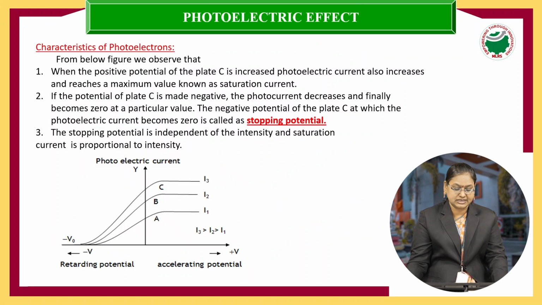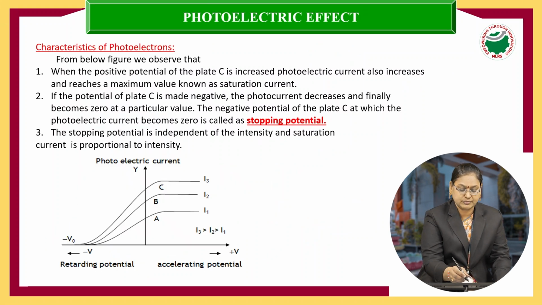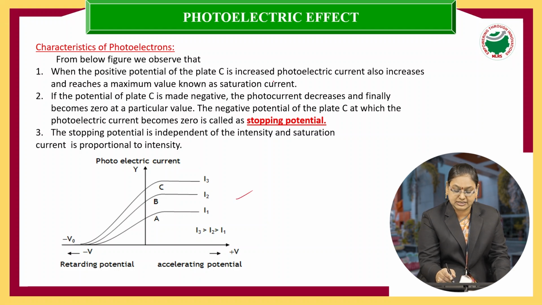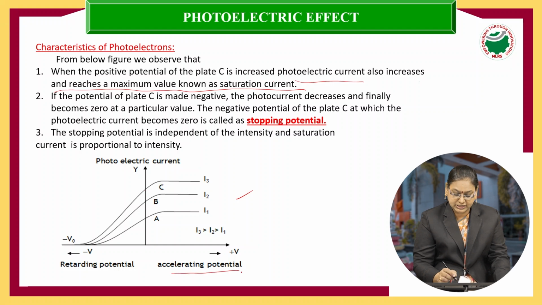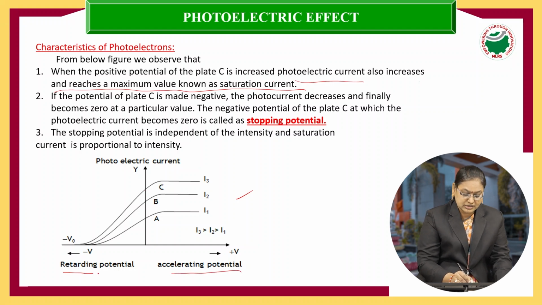Next we see the characteristics of photoelectrons. From this graph we observe that when the positive potential of plate C is increased, photoelectric current also increases and reaches a maximum value known as saturation current. Positive voltage is also known as accelerating voltage, and negative voltage is known as retarding potential.